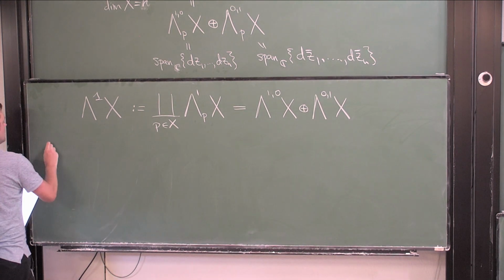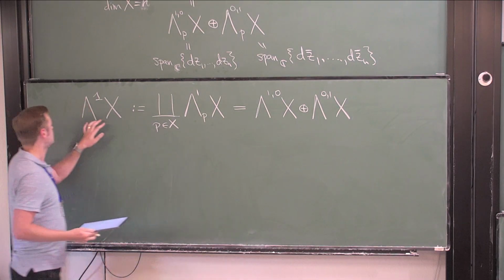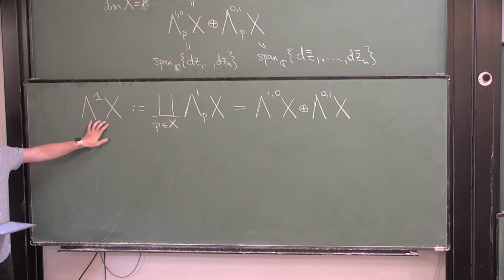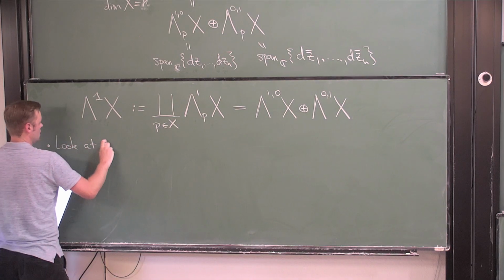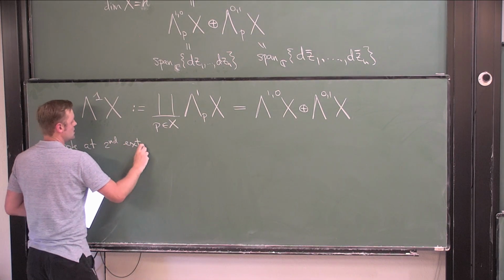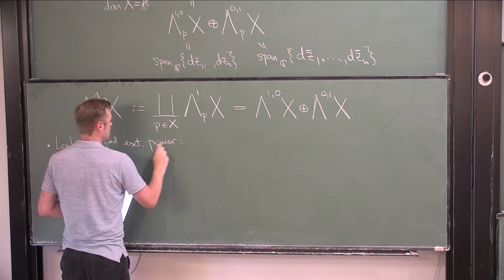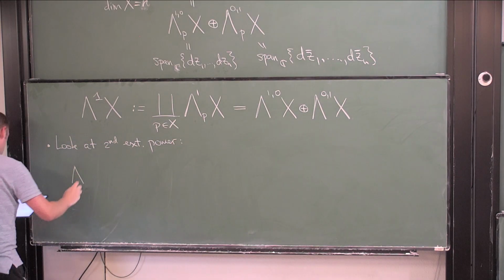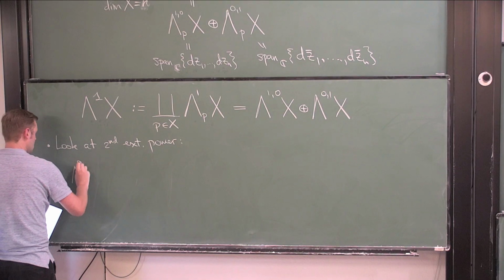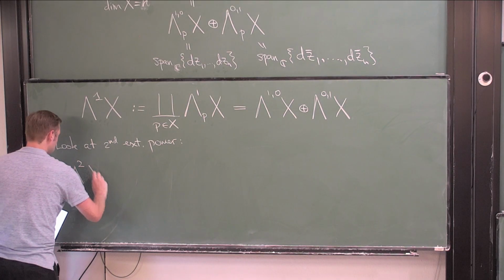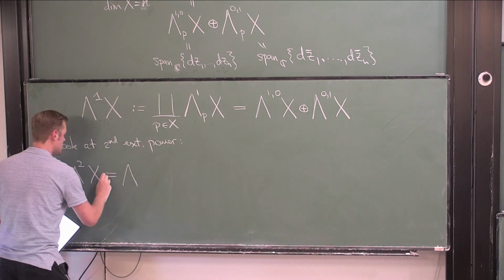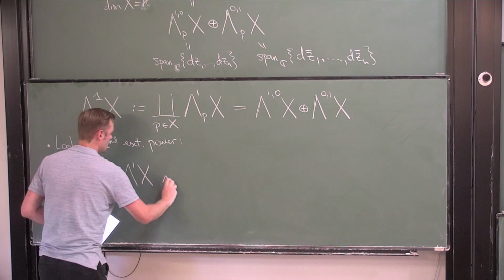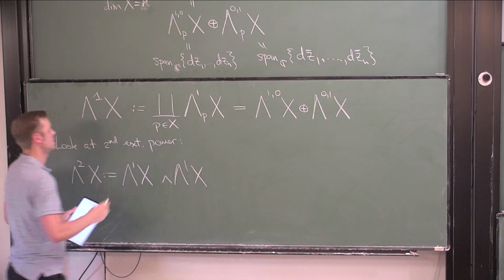So what I want to look at now is the second exterior power of this bundle. So I'm going to wedge this bundle with itself. In other words, I'm looking at lambda 2 of x, which is, by definition, just lambda 1 of x wedge lambda 1 of x.